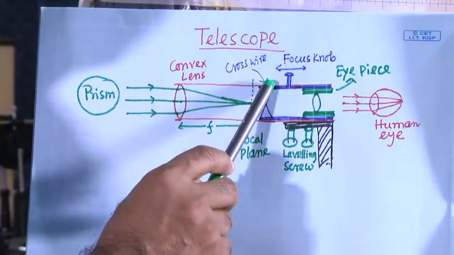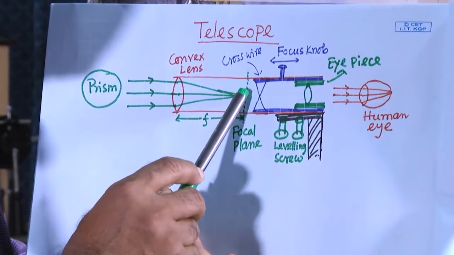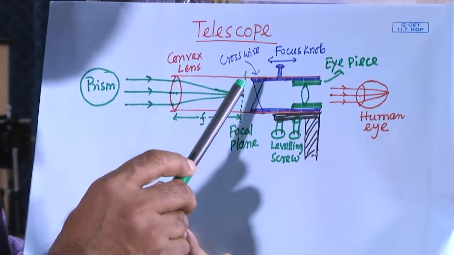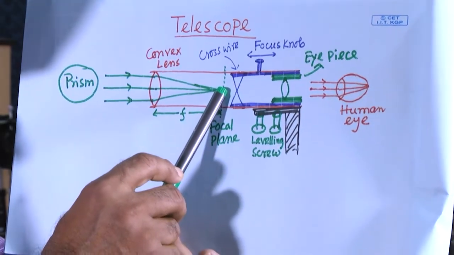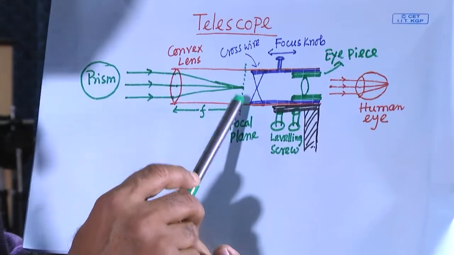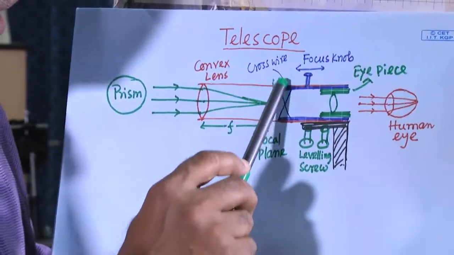Now here we want to measure the position of the image on the focal plane. So we use a cross wire.